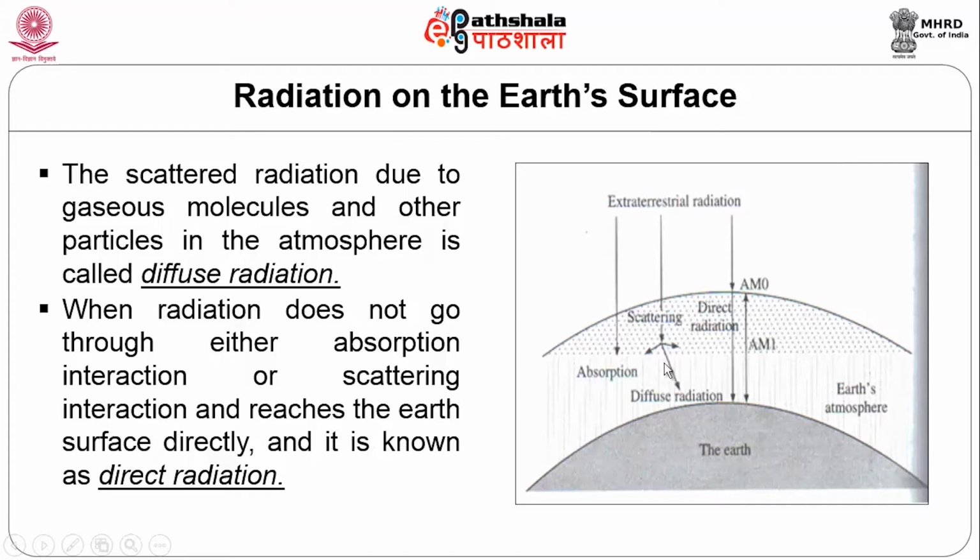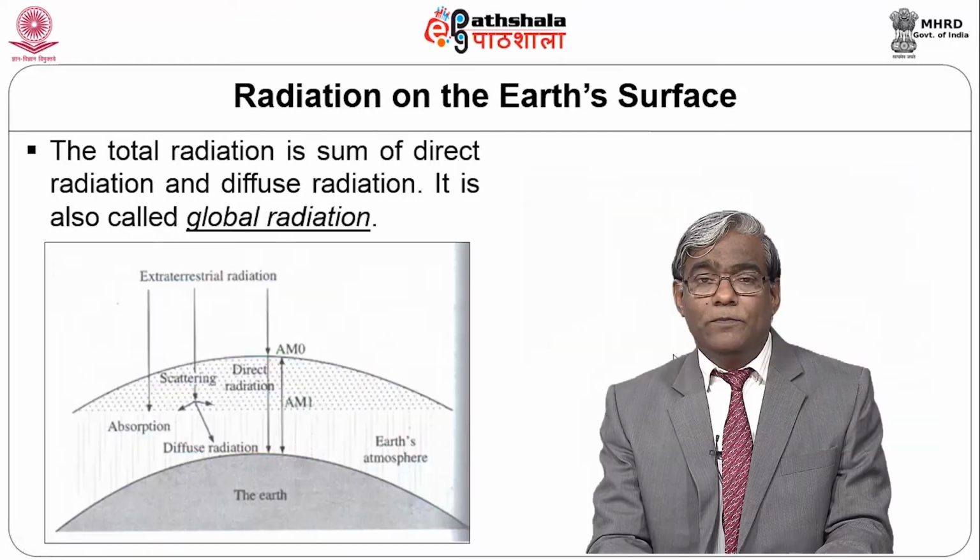Partially, some radiation will not be affected by any interaction and will not be scattered, and that radiation comes directly to the earth. That is called direct radiation or beam radiation. Partially it gets disturbed, scattered and interacts with the gaseous molecules, and it becomes diffused radiation. So on the earth we receive both direct radiation and diffused radiation, and the total, the sum of direct radiation and diffused radiation, is called global radiation.